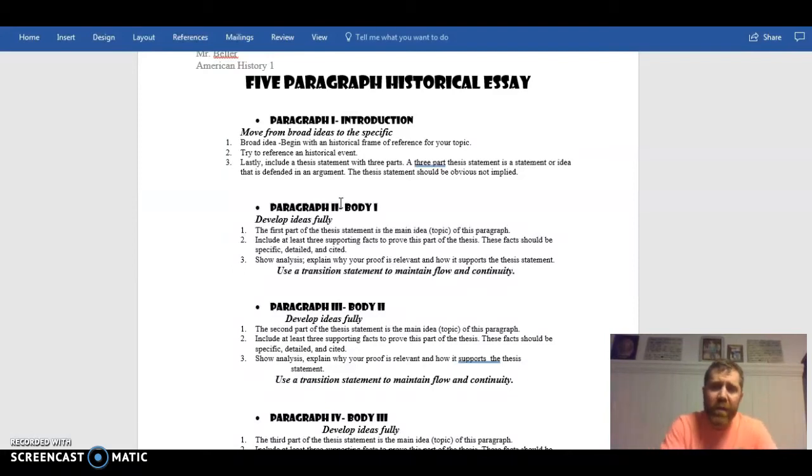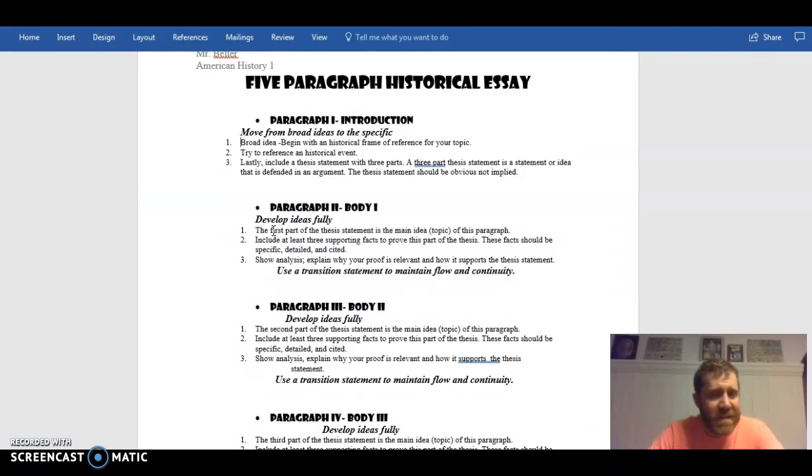So you just want to take one of those parts of the thesis statement and create a topic sentence for that. You see here that you need to include at least 3 supporting facts to prove the part of the thesis. So let's say, for example, George Washington, and you were saying that George Washington met this criteria for leadership. You need to have at least 3 supporting facts.